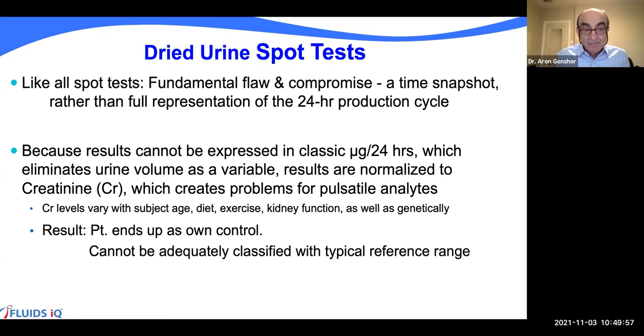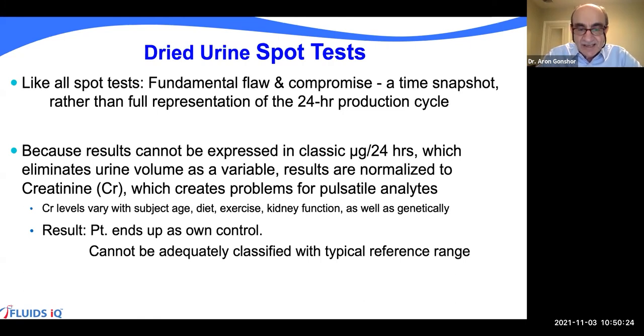Because results, when you're doing dried urine spot tests, cannot be expressed in the classic micrograms per 24 hours, which eliminates the urine volume as a variable, because if you're doing 24 hours, you know how much urine you actually had. If you're not doing that, then you have to normalize to something in the urine called creatinine.